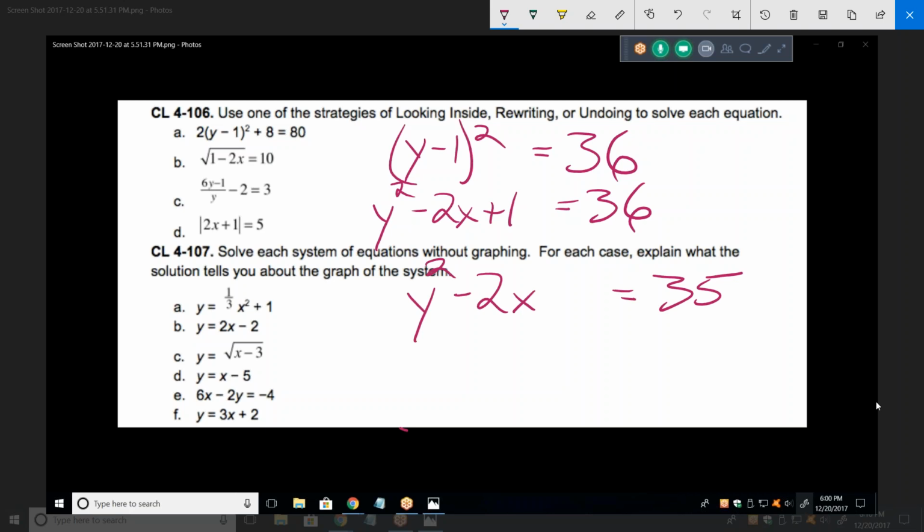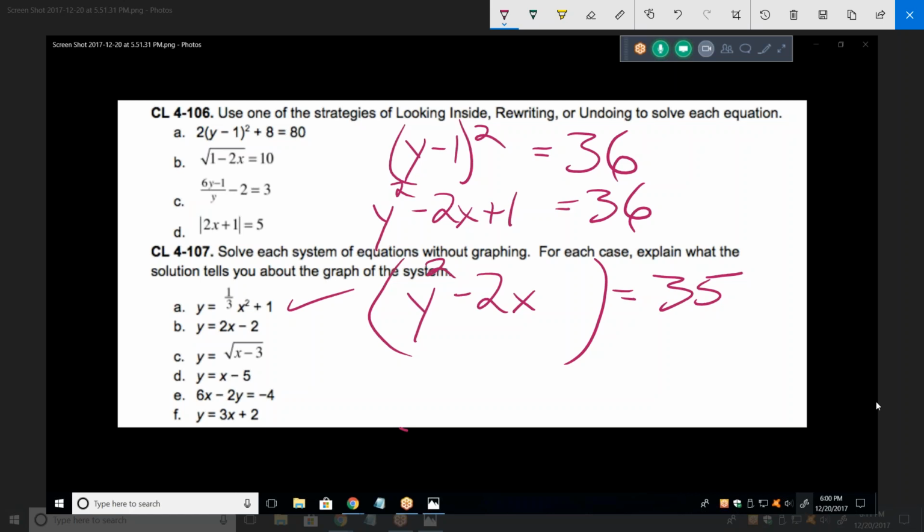In other words, if I were given this and told to solve it, I would have a couple of choices. I could bring the 35 over, factor it, do it that way, or I could complete the square, which is to add a term inside the parentheses and then add the same term on the other side, and then be able to write this as a linear term squared.